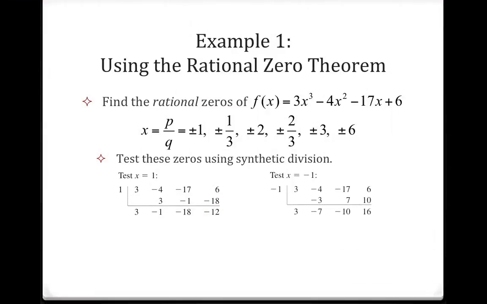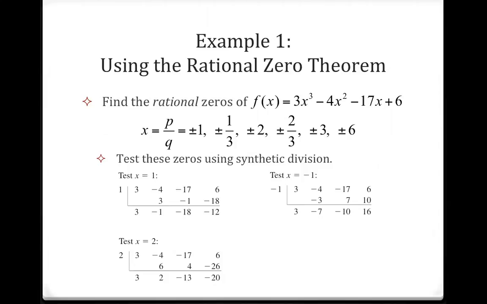I try something else. Maybe I could try a -1. So again, same coefficients, 3, -4, -17, and 6. But now I have -1. And as you can see, that still does not give me 0 as a remainder. So I try +2.